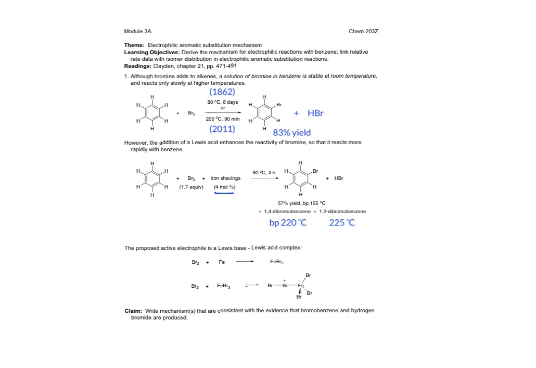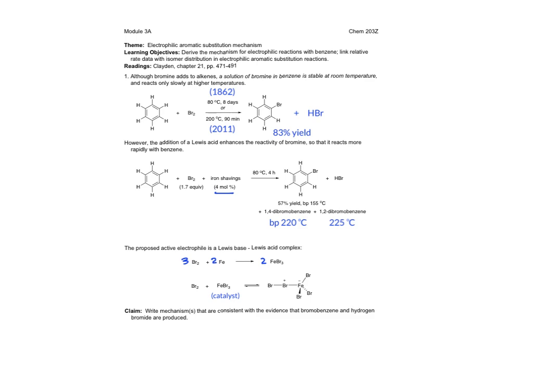The iron is actually a pre-catalyst, and a reaction of iron with bromine occurs, which is a redox reaction to give iron tribromide. And we can balance this equation. Iron tribromide is the actual catalyst for this reaction.